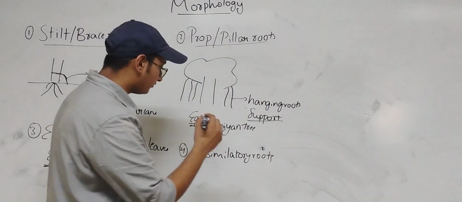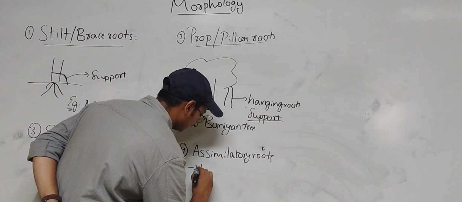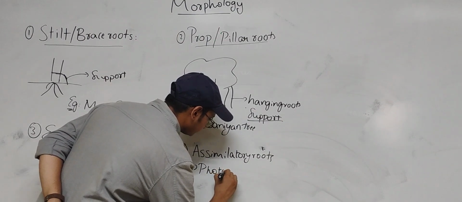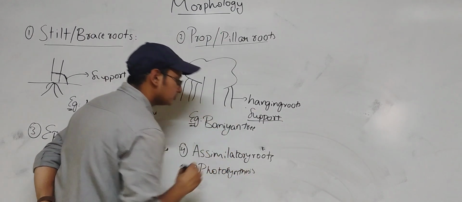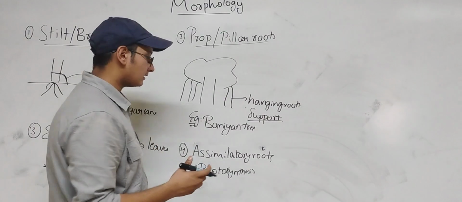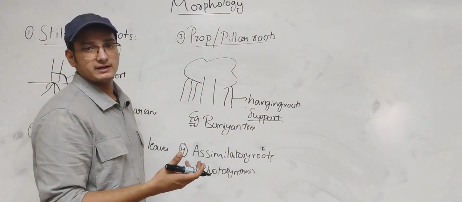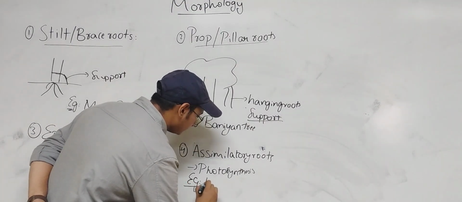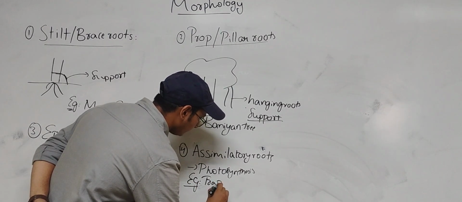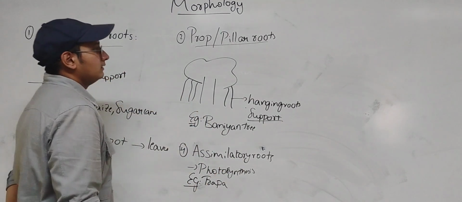Here the roots perform the function of photosynthesis. The roots become green in color and help in making food material. This can be seen in Trapa.